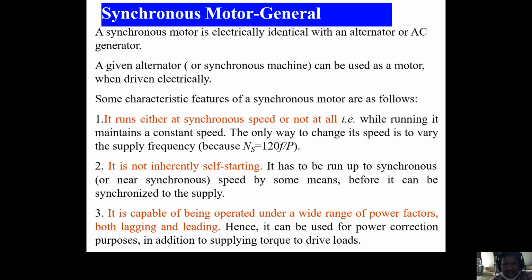Now we connect the synchronous condenser in parallel to the low power factor device. That low power factor may be nullified with the help of this leading current, and then the power factor of that equipment comes to nearly unity. That's why the synchronous motor may be used for power factor correction also.